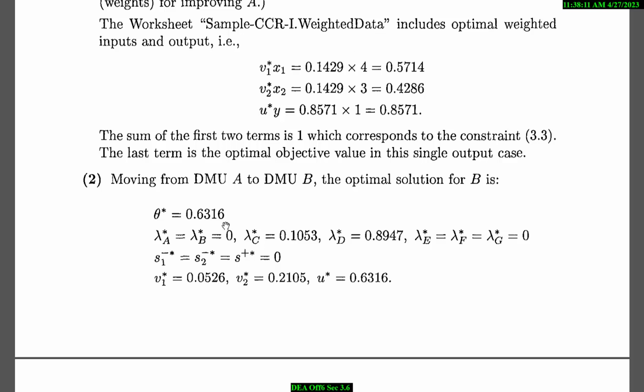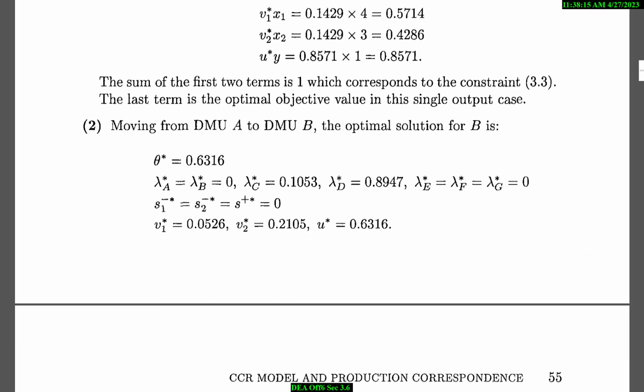As you can see, the optimal values are obtained. Here, the max-slack solution, the optimal solution of the dual multiplier form, and the envelopment form.